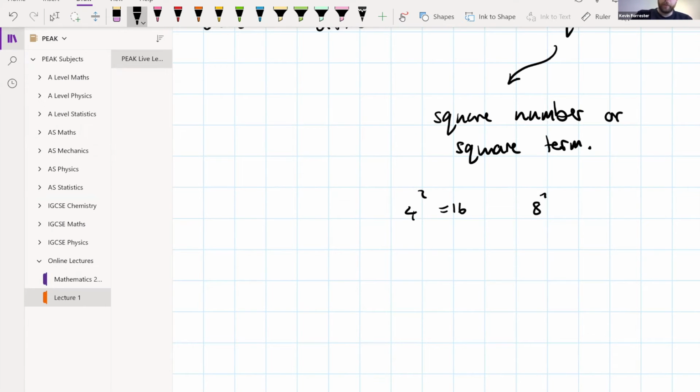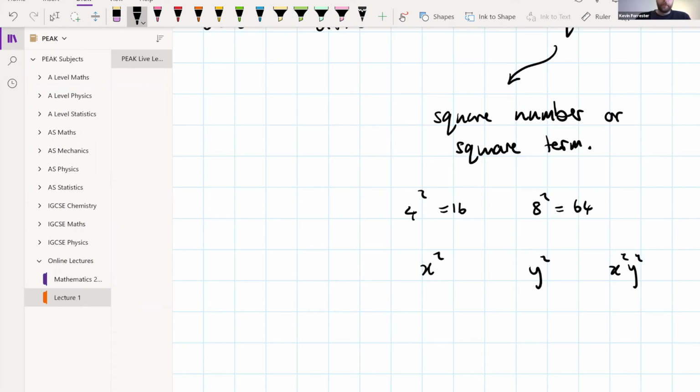We can do 8 squared, which is 64. I'm sure you guys know your square numbers pretty well. You can also have algebraic variables squared, so x squared, y squared, that's also a squared one. So any of these would be squares.